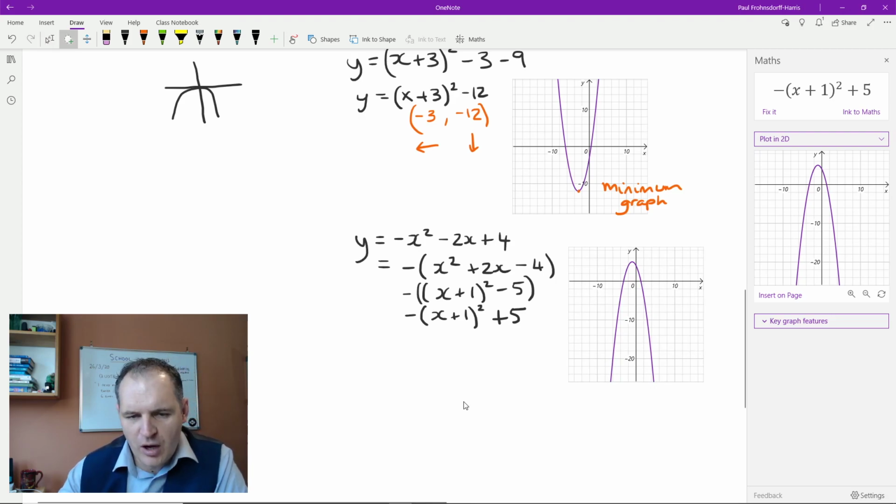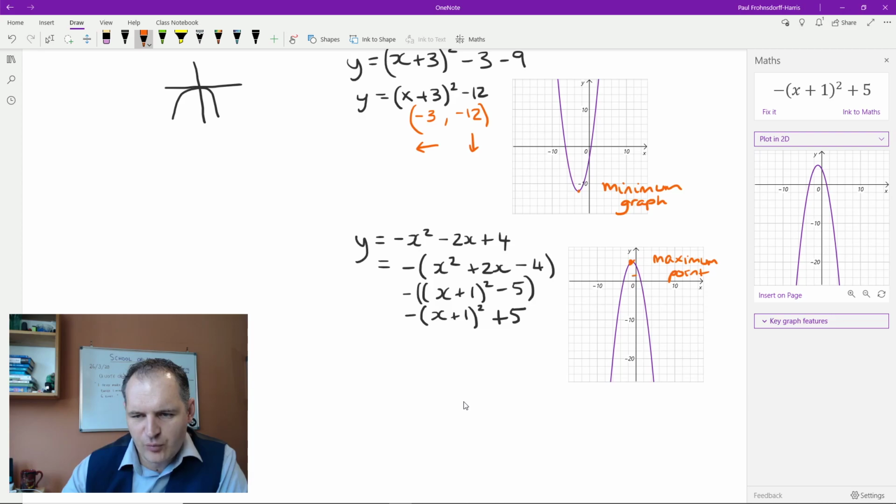The graph we've been using before, this point here is the maximum, and we'll call it a maximum point, and it is the left one, and it is up 5. Well, that's what the up 5 has come from.